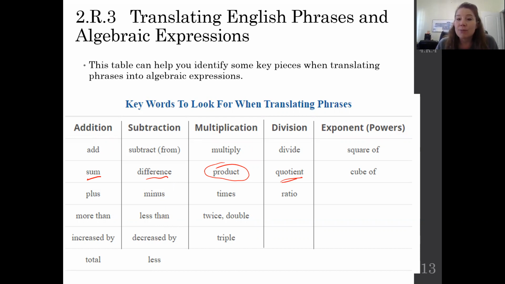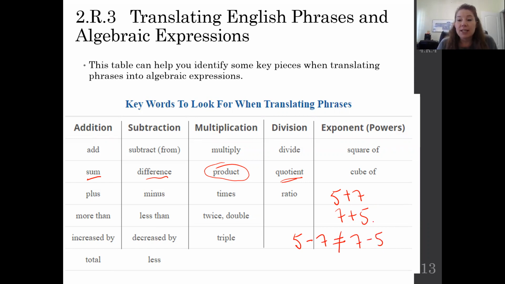If you add or multiply two numbers and then reverse their order, you're going to get the same answer. For example, 5 plus 7 equals the same thing as 7 plus 5, right? Same thing with multiplication. However, with subtraction and division, the order will influence the answer. So if I said 5 minus 7, I do not get the same thing as 7 minus 5.